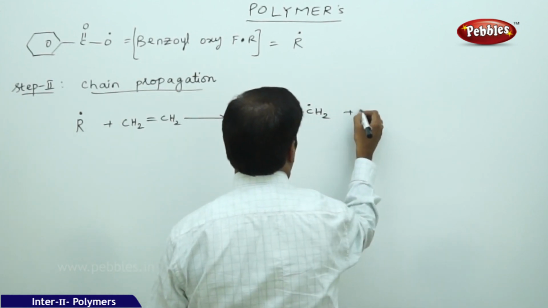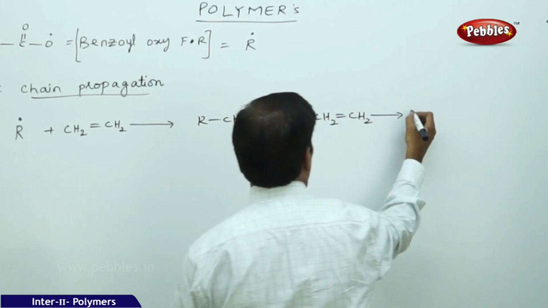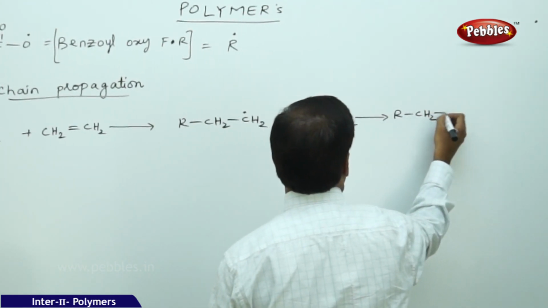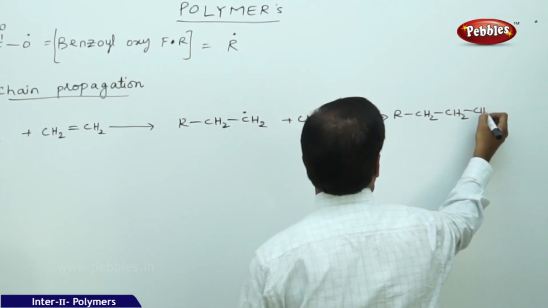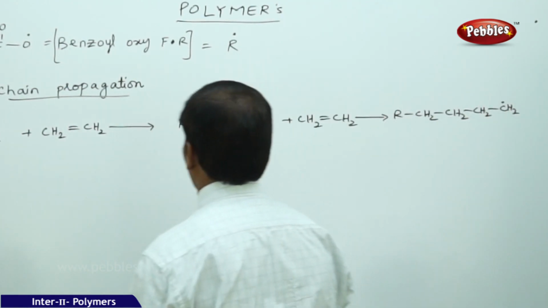Again you add one more ethylene molecule, giving RCH2-CH2-CH2.